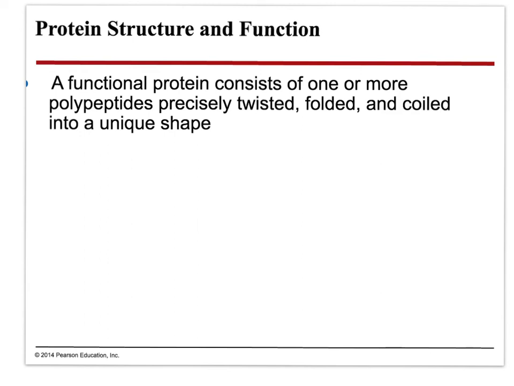There are 4 levels of protein structure that we need to know about. A functional protein, as we said in the definition, assumes functionality. A functional protein has a unique, important structure. Structure and function relationship again. So the first level of protein structure, primary, is the sequence of amino acids.